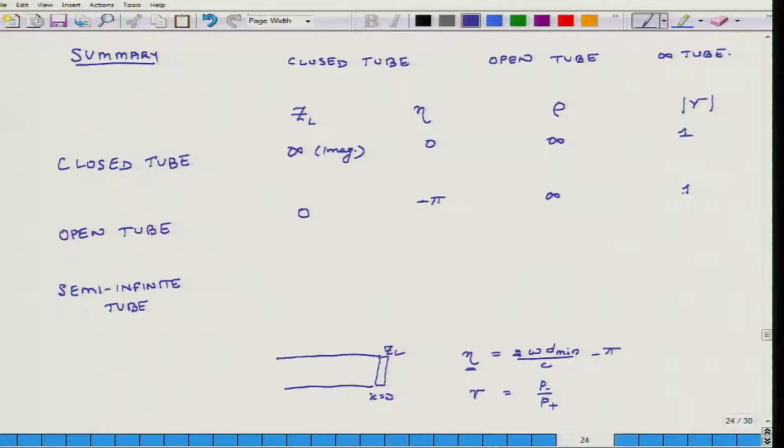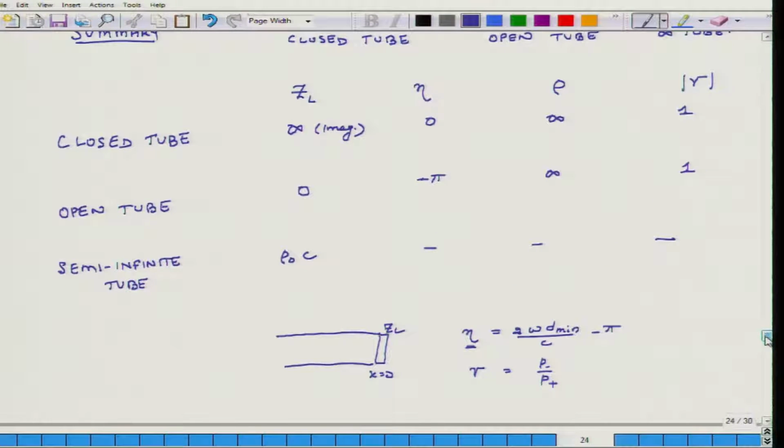So, it is still 1. And then for a semi-infinite tube, this is rho naught c, and all these other terms are not necessarily relevant in the context of this table.